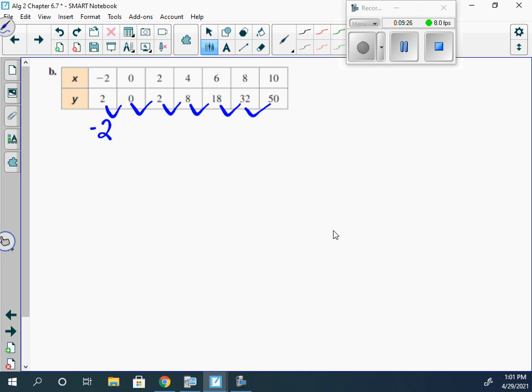Then we do 2 minus 0, which is 2, then 8 minus 2 is 6, 18 minus 8 is 10, 32 minus 18 is 14, and 50 minus 32 is not 16. This here should be 18.